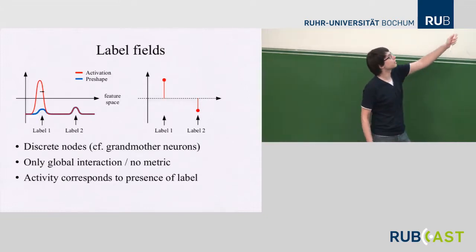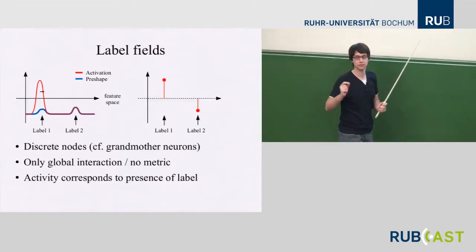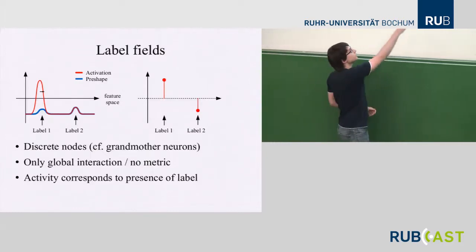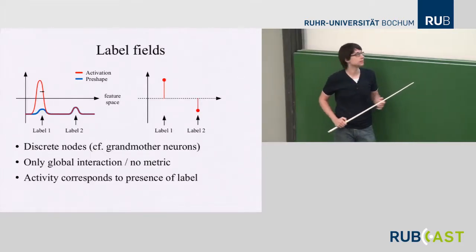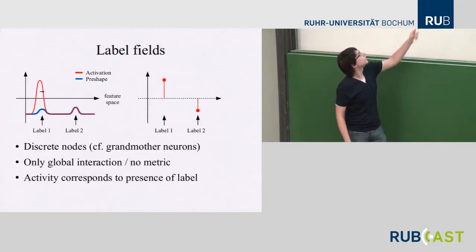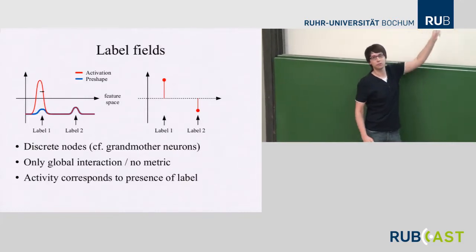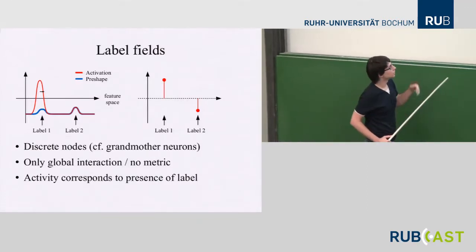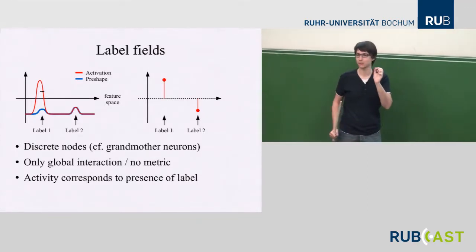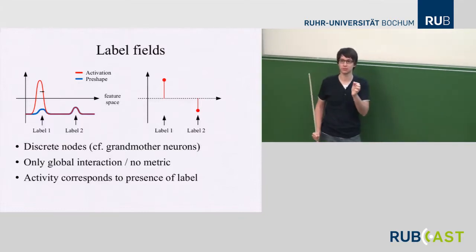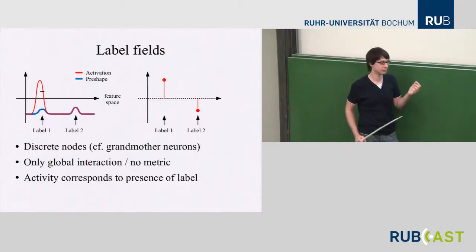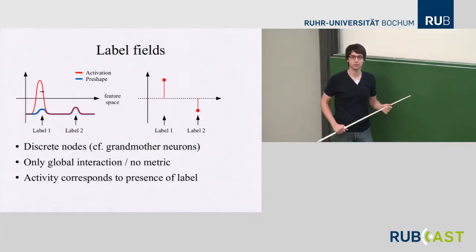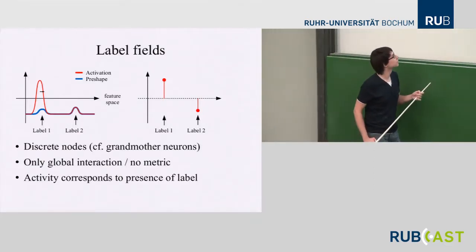And we simplify that to having just discrete positions where we have label activation. So we disregard all the metric space because in these instances it doesn't really bring us so much, and we just take the activation at the places where we actually have the labels. So this is simplified down to just having one point of activation, or in a sense one node, that represents how much you perceive one specific object.